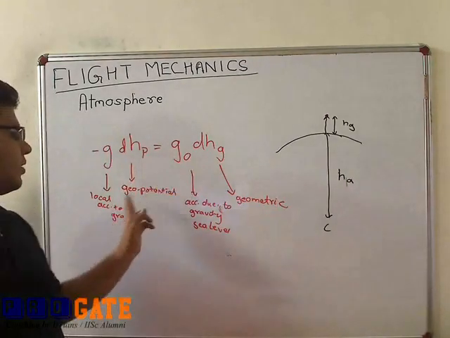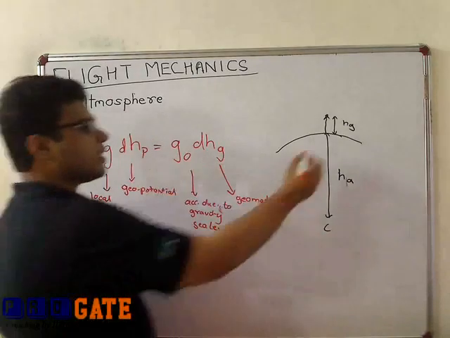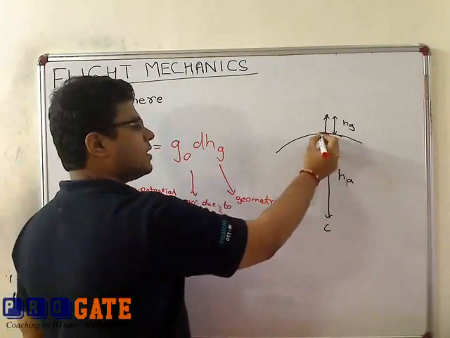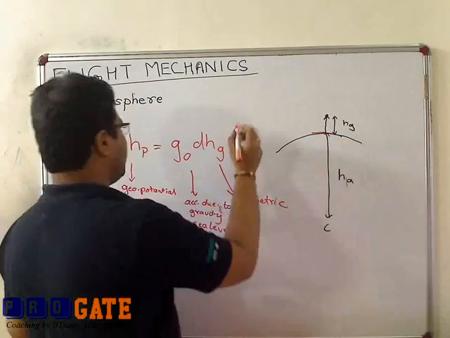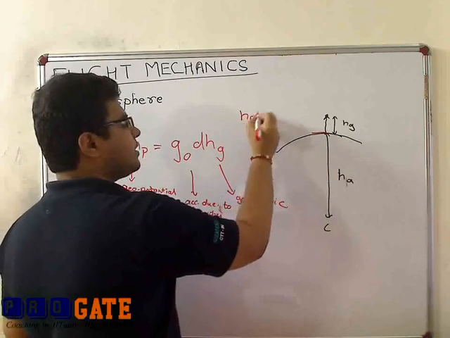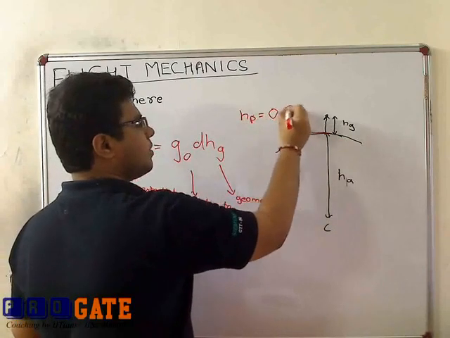Like geometric altitude, geopotential altitude also starts from the sea level. So HP at sea level is equal to 0.